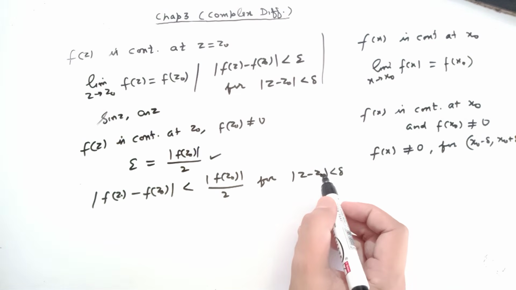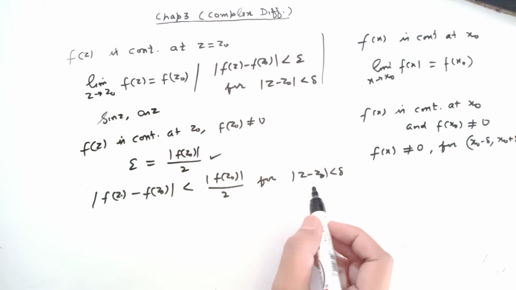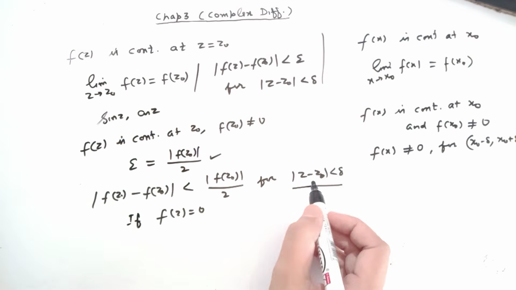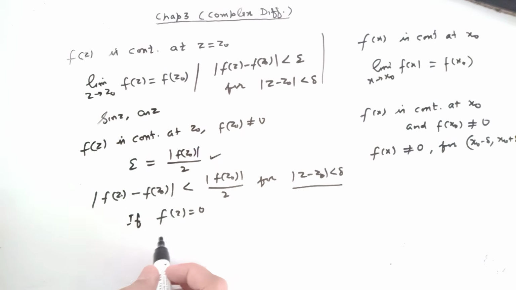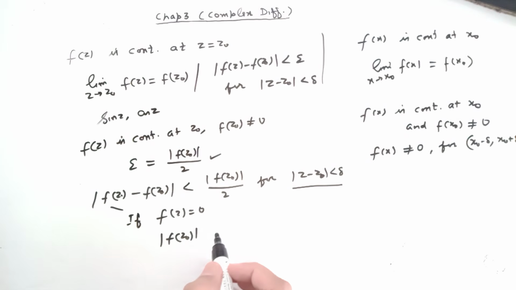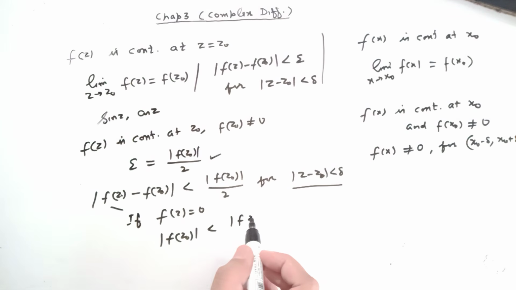Now we claim that in this neighborhood f(z) cannot be 0. If f(z) is 0 for some z belonging to this, then by this condition what do you get? Mod f(z0) is less than mod f(z0) over 2.